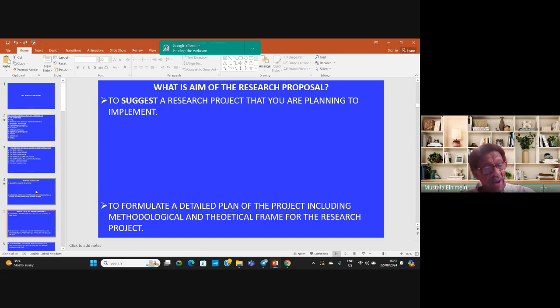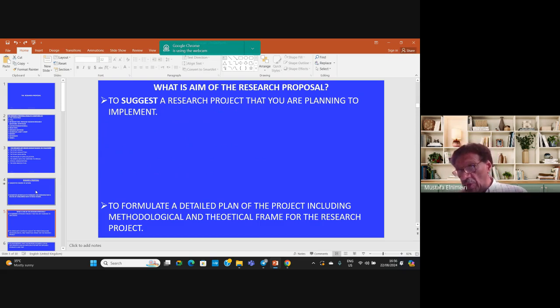For example, you are planning to conduct a study about the epidemiological pattern of tuberculosis among school children. Then we need to know this project, and then you need to know about the objectives, the research questions, and the methods you are planning to use for finding answers for the research questions. In addition, to formulate a detailed plan of the project, including methodological and theoretical frame for the research project. It's important that you include the theoretical frame.